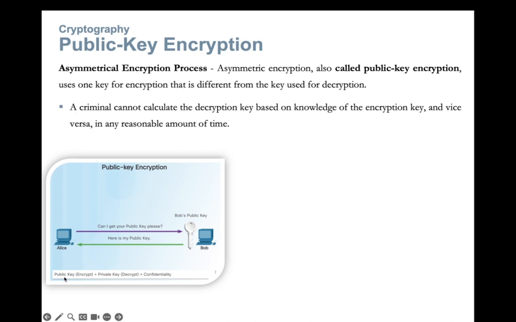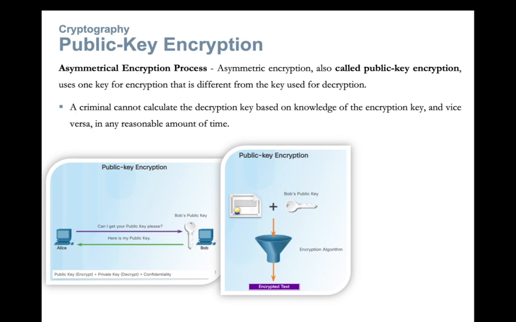So when sending the secret message, Alice uses the public key of Bob to encrypt, and the private key is used to decrypt. So here the public key and private key are used for confidentiality. Alice requests and obtains Bob's public key, and that public key is used for encryption.